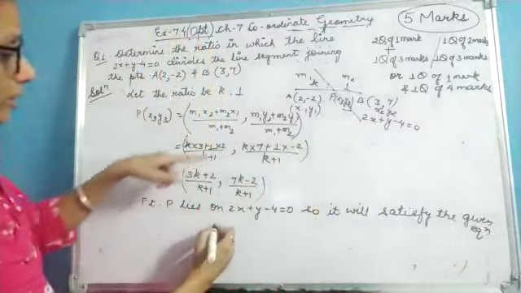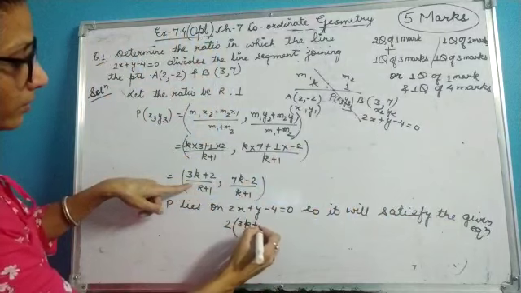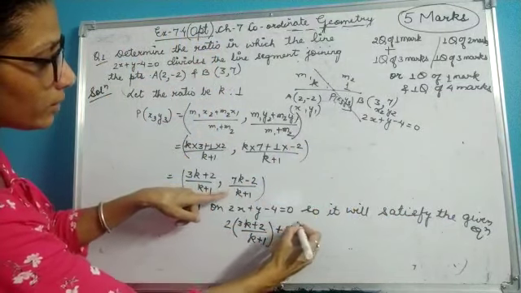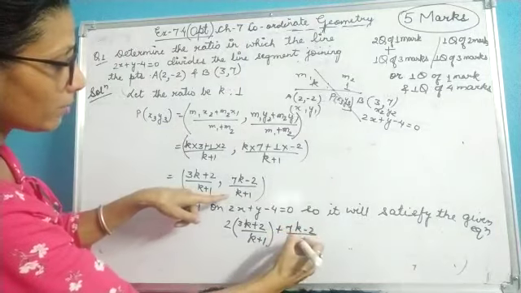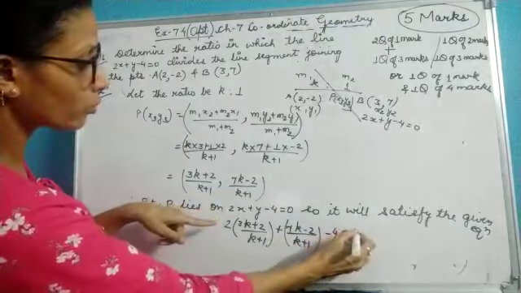So I will be putting 2, x is what? This is your x, plus y is 7k minus 2 by k plus 1 minus 4 equal to 0.